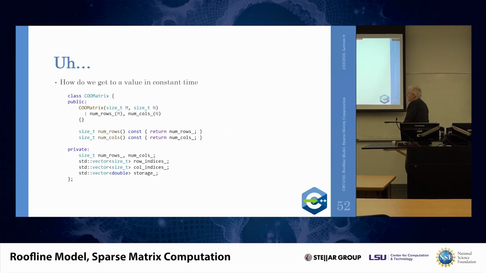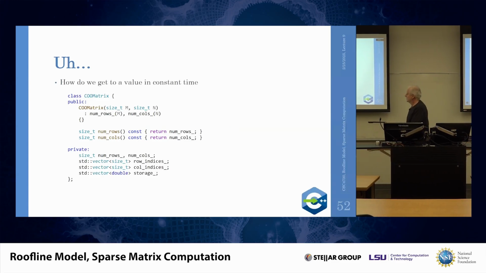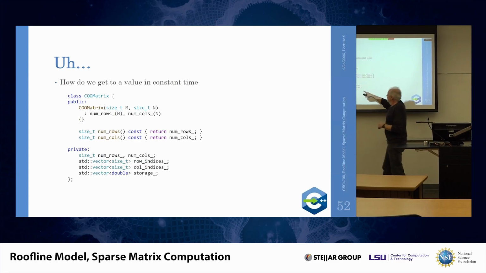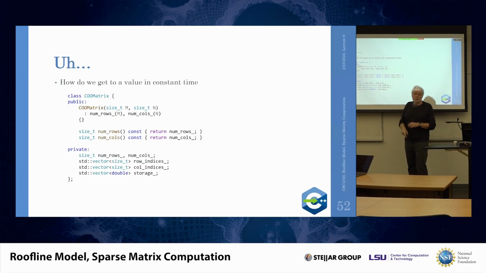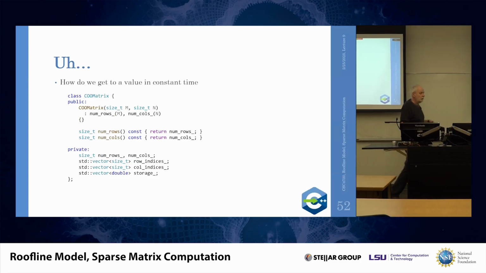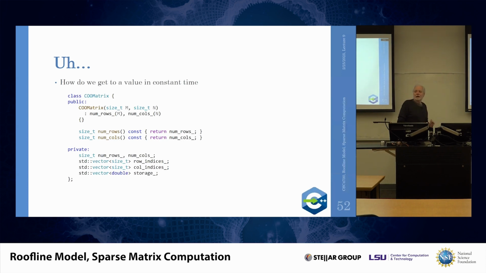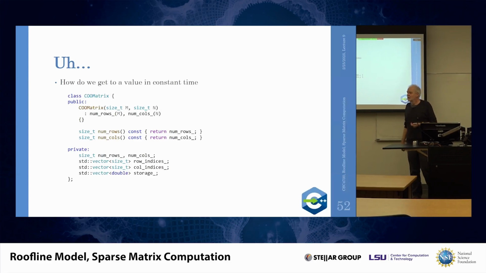Now, if you look at the COO matrix, the coordinate format matrix, we have the three arrays, and we also store the number of columns and the number of rows separately. But how do we get at the element we are interested in if we provide i and j in constant time?